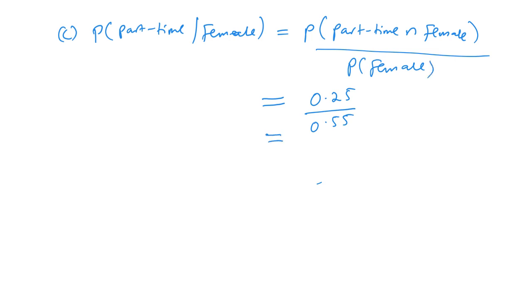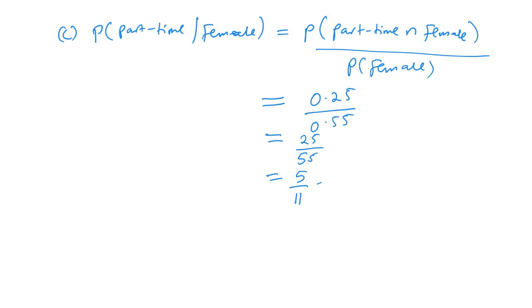So let's try to calculate this. 0.25 over 0.55 is the same thing as 25 divided by 55. 25 over 55, in the lowest terms, is 5 over 11.